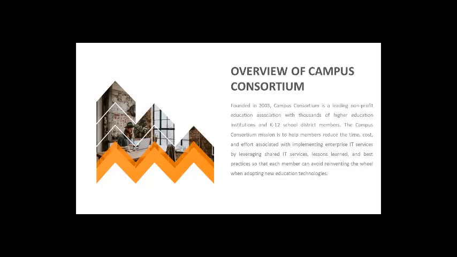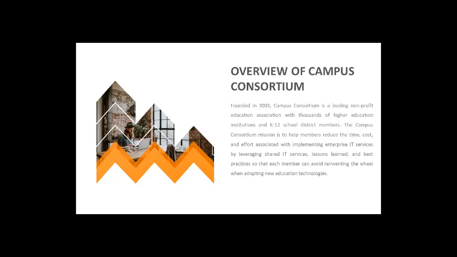A little bit about the Campus Consortium. Here on the next slide, we have a bit of an overview on the consortium. Founded in 2003 by 14 different institutions who came together at EDUCAUSE, looking to help other institutions scale and embrace new technologies coming on the EdTech scene. Campus Consortium is a leading nonprofit education association with thousands of higher ed institutions and K-12 school district members across the globe.